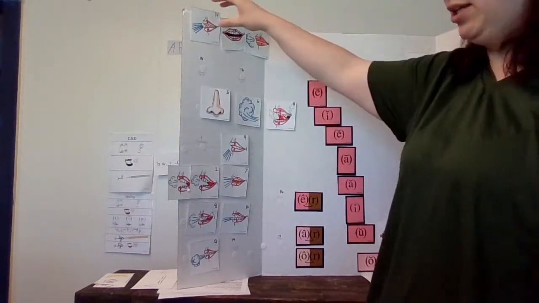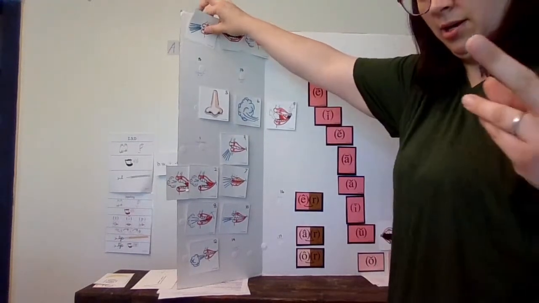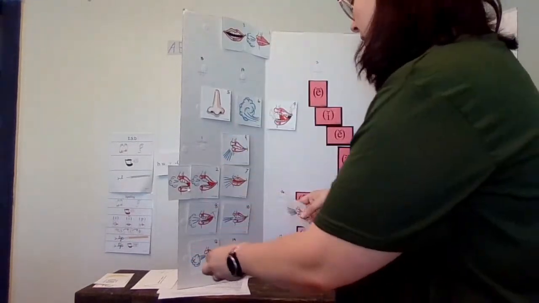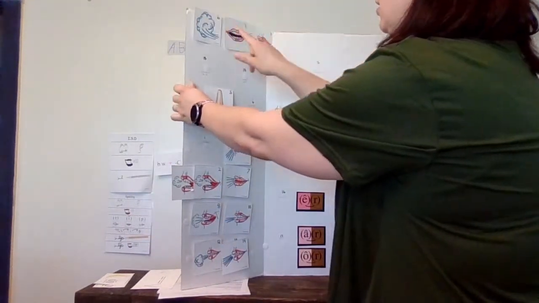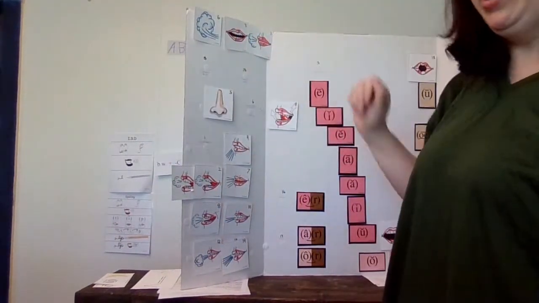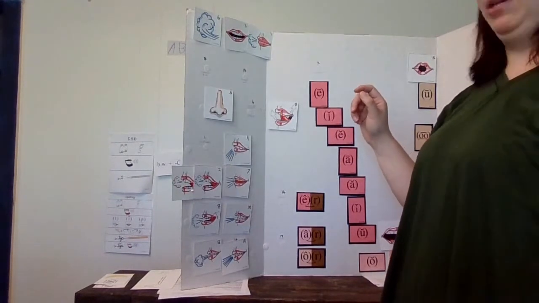Sorry, echo. Hut. Let's unblend it. T. All right, so. T. All right, if this is hut, show me hud.